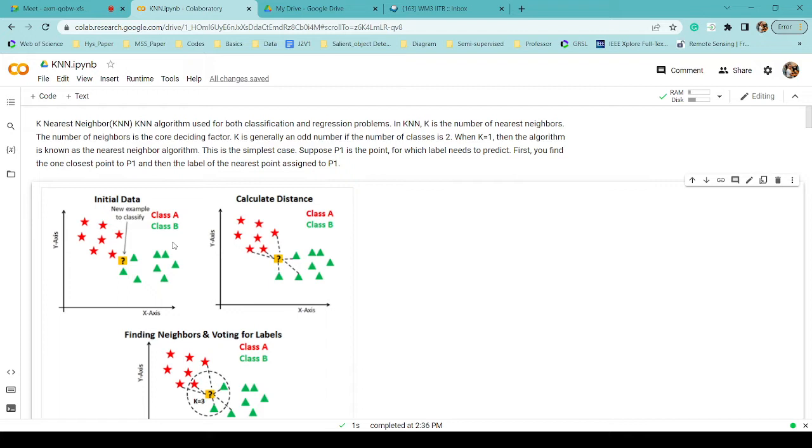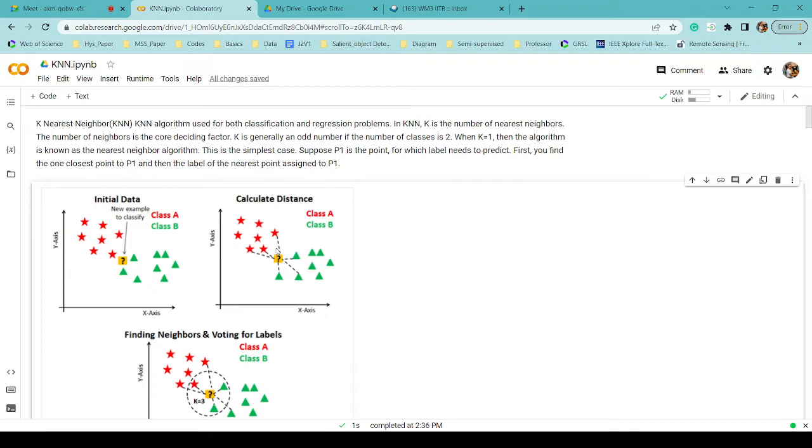Okay. So for example, if I take k equals 3 as shown in this example, then we take the nearest three samples. Basically these classes are in cluster form. What does cluster mean? For example, if a class belongs to grass or a water body.